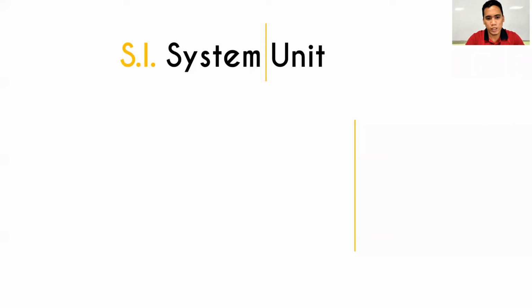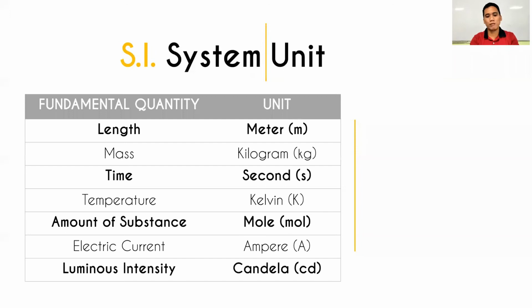Okay. Sir, what is the difference between fundamental quantities and derived quantities? Okay. When we say fundamental quantities, it means it is the foundation, or the basic quantity or the basic unit of the SI system unit.